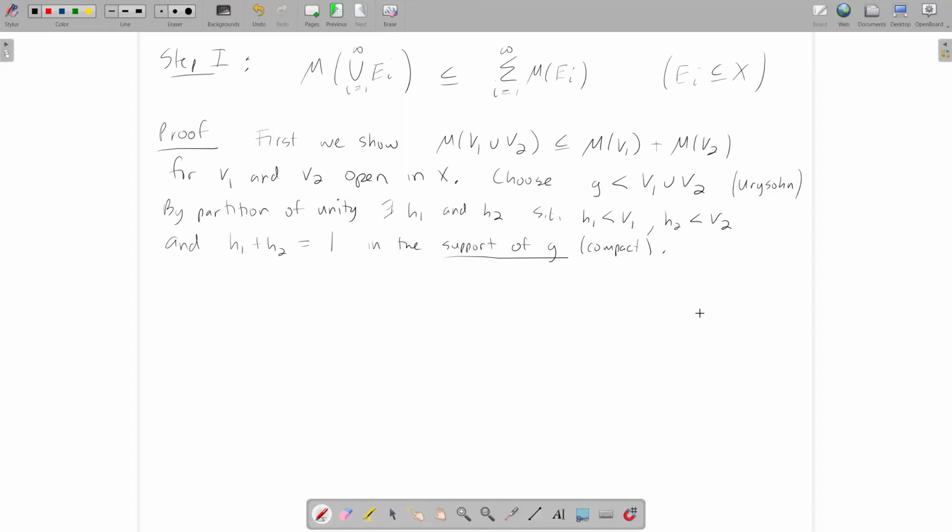And we know it's contained in V1 union V2. And so then we can apply the partition of unity theorem, which I talked about before.